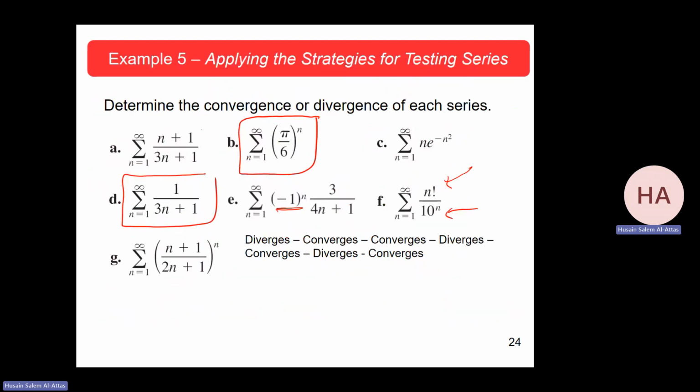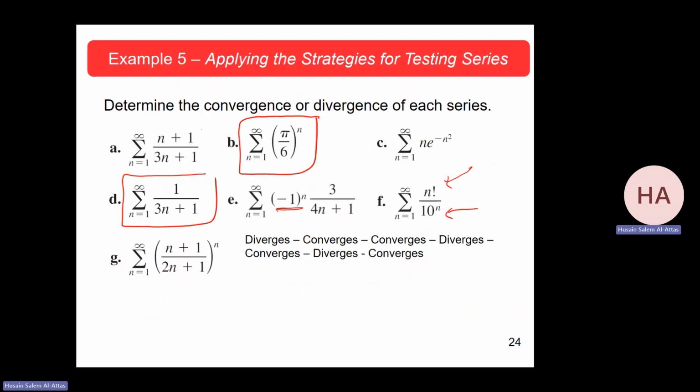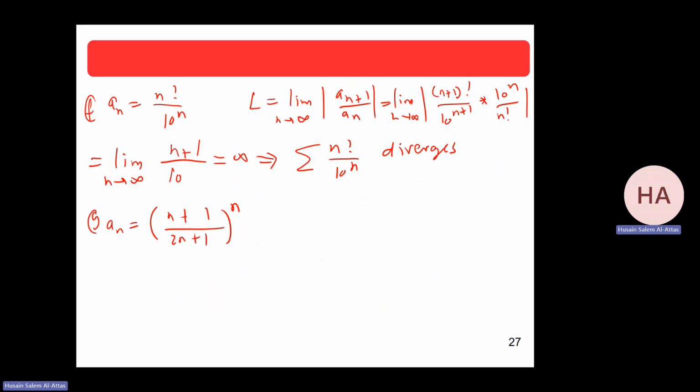That was which part? F. G: a_n is ((n+1) over (2n+1)) all to the power n. Very clear, I need the root test here.